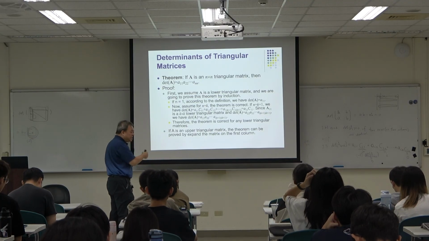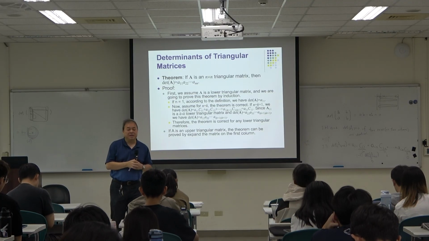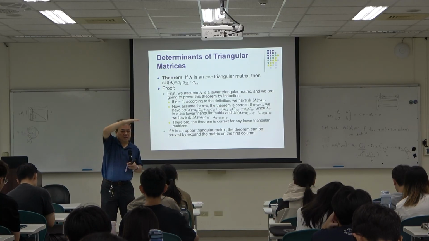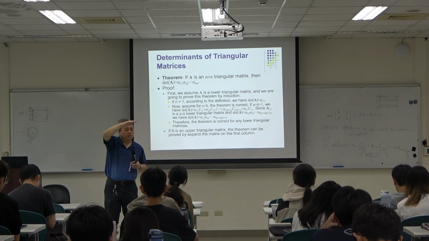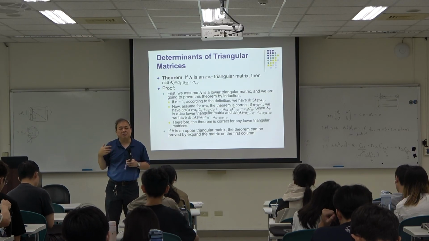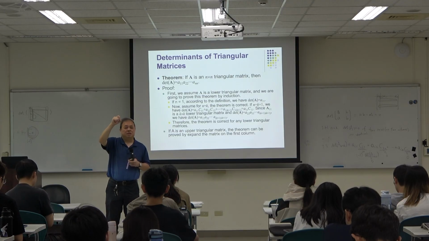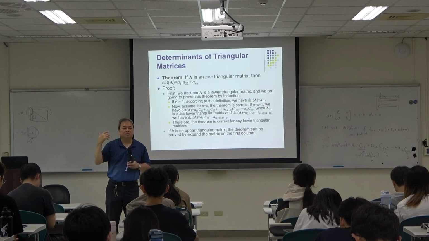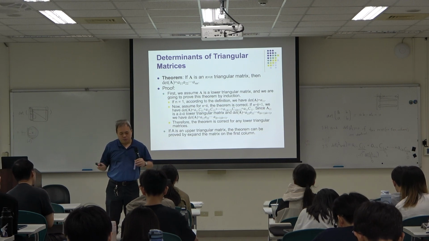This works for upper triangular. It also works for lower triangular, but for lower triangular you need to expand through the first row, in order to make use of as many zeros as possible when you compute the determinant.